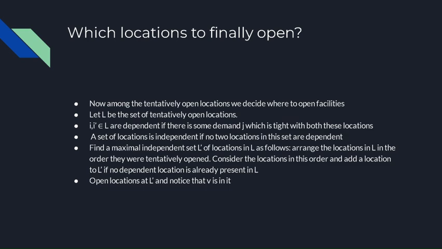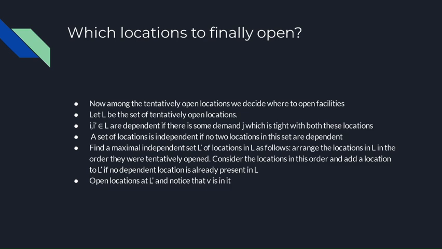It will be a greedy kind of approach. We'll arrange the locations in increasing order of how they were tentatively opened, increasing order of time basically. And finally, for a particular location we'll check if there is any location in L dash that is already dependent with it. If not, then we'll add it to the L dash set, otherwise not.